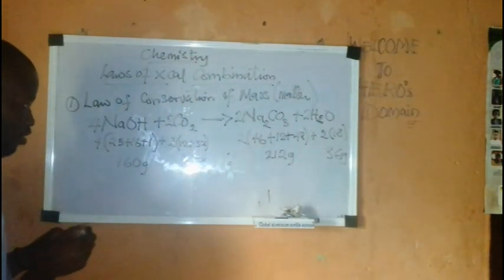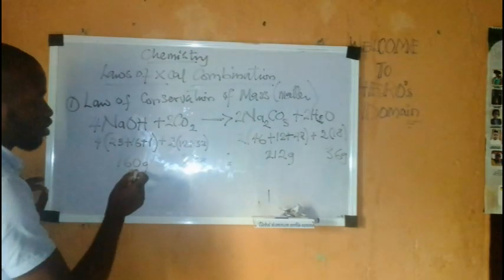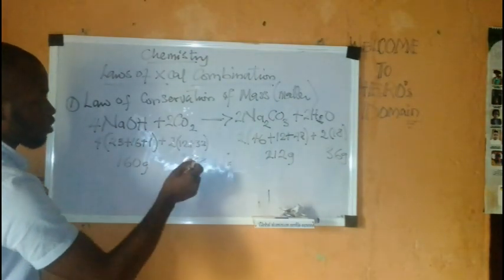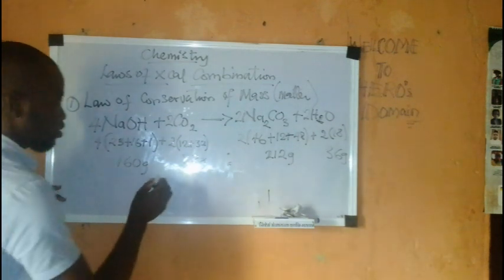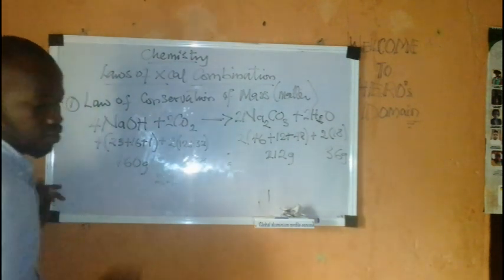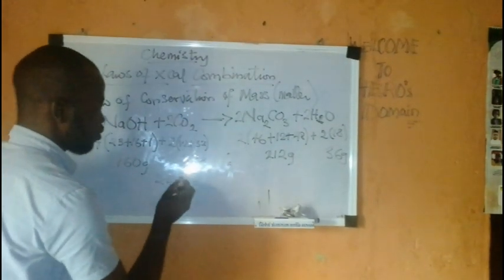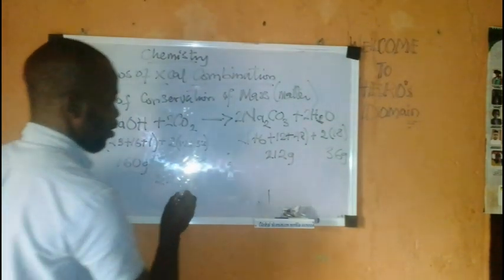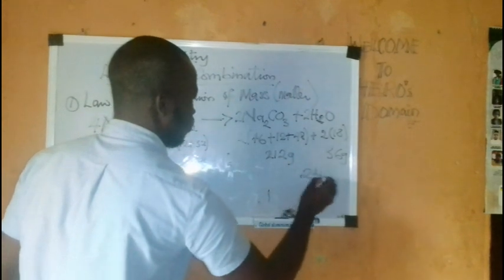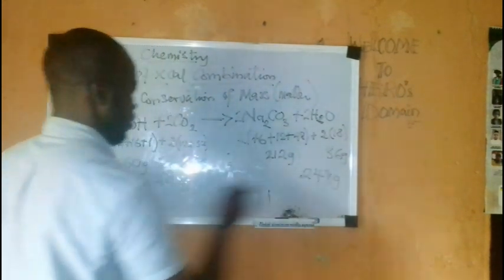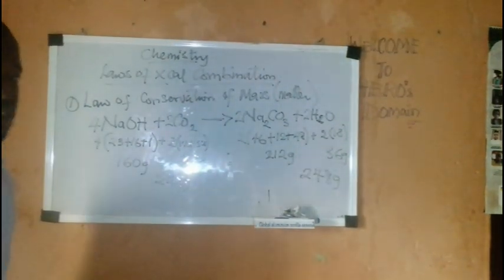When we add this together, 160 plus 88, you get 248 grams, and this side also gives 248 grams.